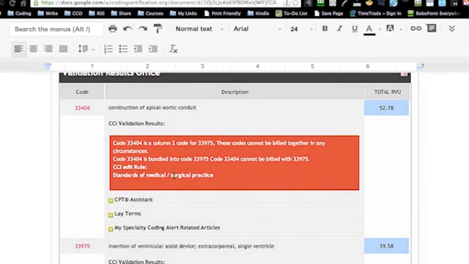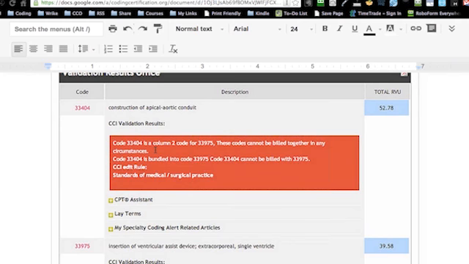Okay, so in the CCI edit, they're in tables in these code pairs. So you'll have what I call the parent code, and then all the baby codes that are a part of it. So 33975 is like a parent code, and 33404 is a baby code. They have a superscript. If it's a 0, which this one is, it means there's no modifier, nothing.